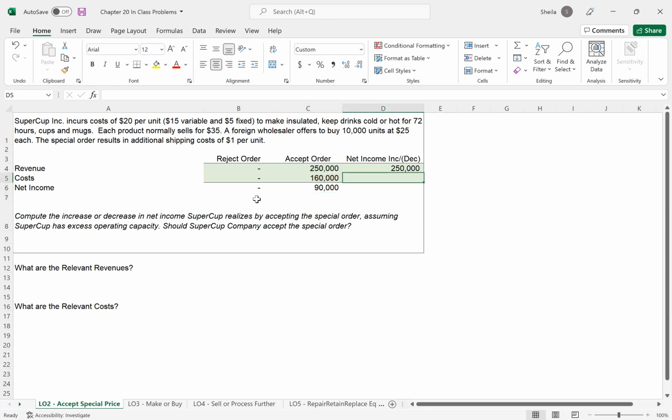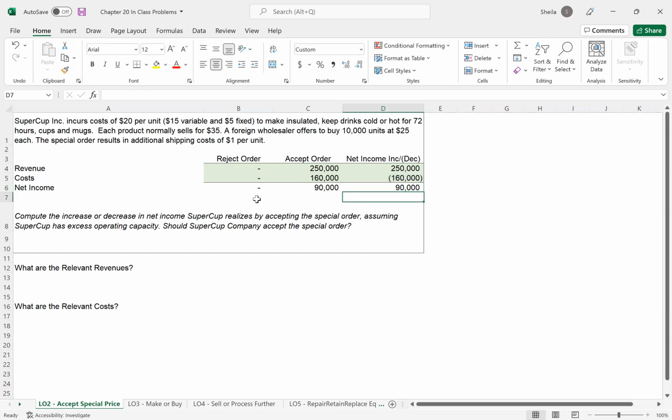Now, when we have additional costs in an accept or reject decision, those are going to decrease our net income. So over here, this is really a gap statement presentation. This is really just telling me what's happening to income. Is it increasing or is it decreasing? So we should get the same answer regardless, which is 90,000.